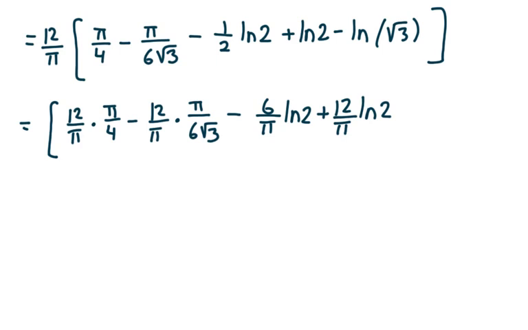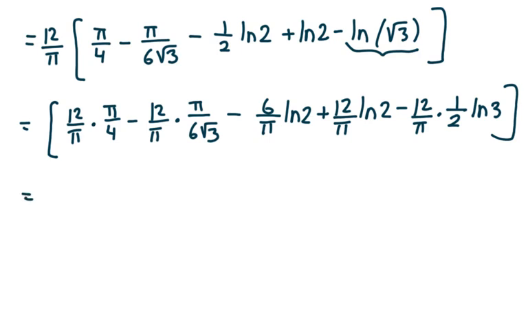So I just distributed to every term, right? Minus 12 over pi times 1/2 natural log of 3, because that's what this piece is equal to, 1/2 natural log of 3.